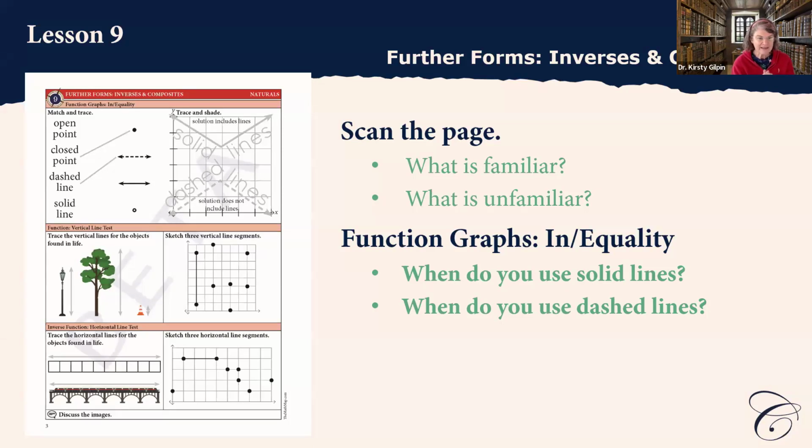So if we are strictly less than, then it's everything below the line, but not including that line. Whereas if I said "or equal to," now it's not strict because I have two options: I can either be below that line or I can actually be on that line.